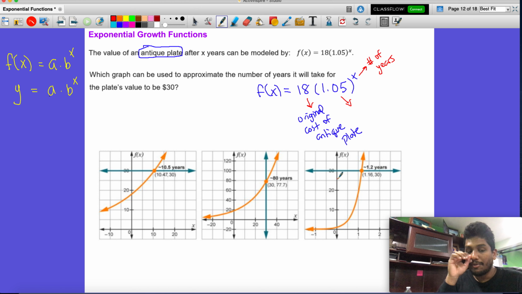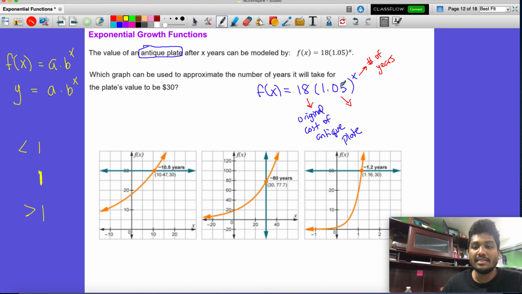Remember that everything starts off here. We have less than 1, we have 1, and greater than 1. The 1 is where everything starts. From there, we can go less than 1.